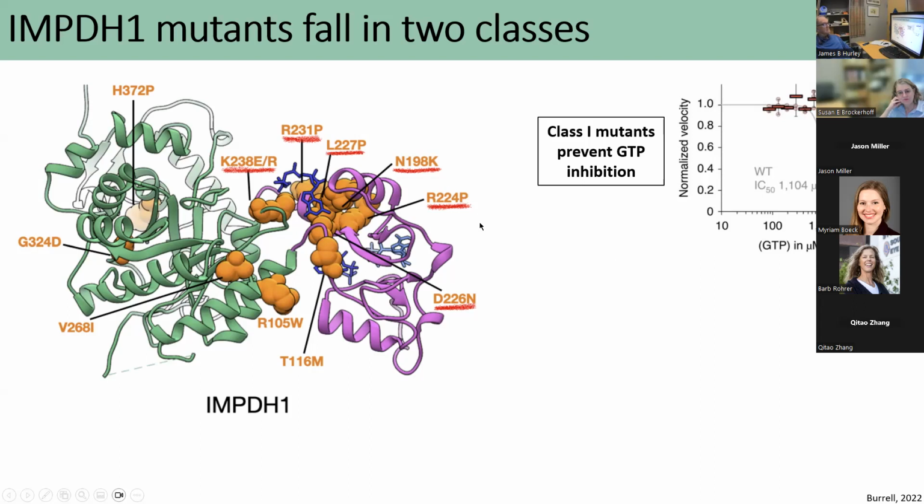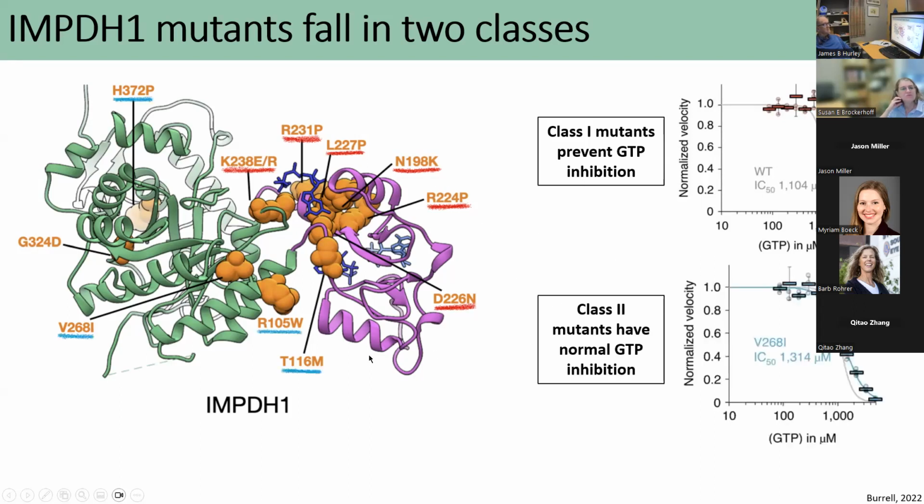These are highlighted in red here. Then on the other side, we have some class 2 mutations that don't have a change in their GTP inhibition, highlighted in blue. We wanted to start out attacking these mutants with the class 1 mutants, which seemed to have a clearer phenotype.